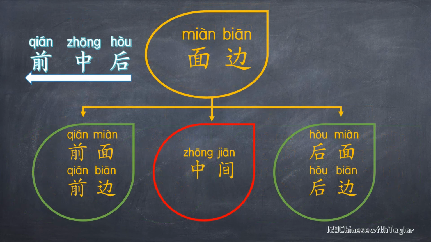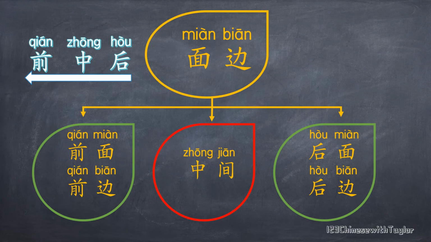So 前，中，后，前面，前边，后面，后边. You may already notice that 中 is different. 中 does not combine with either 面 or 边. It has only one word to go with it, 中间. This one is unique, so you need to remember it separately.